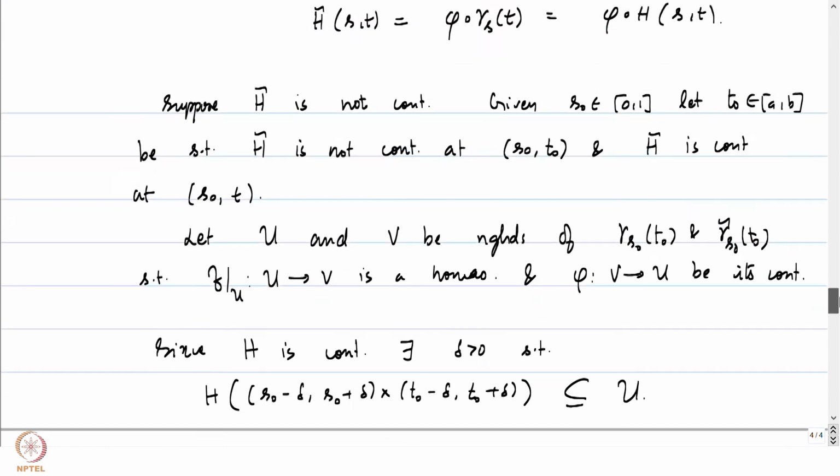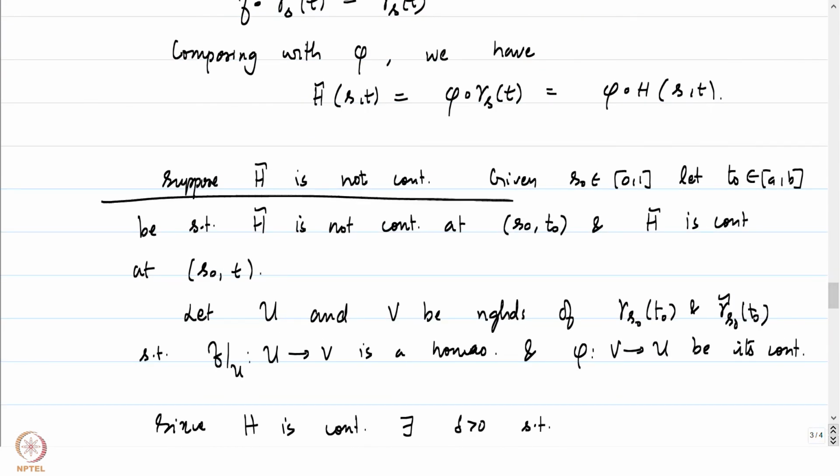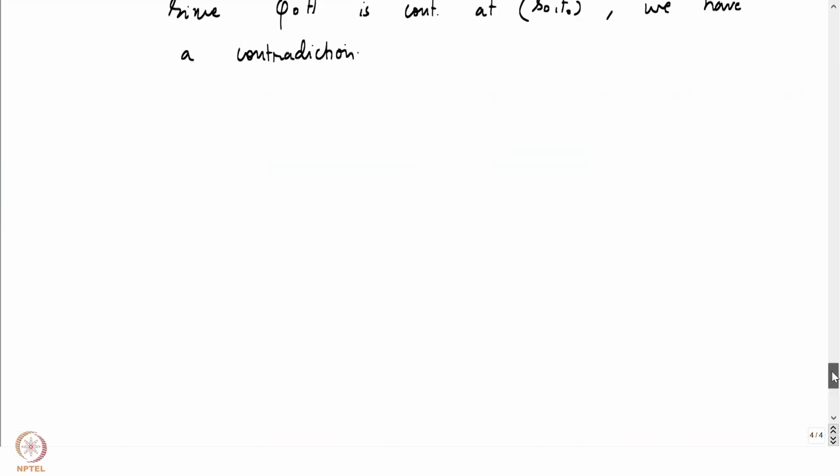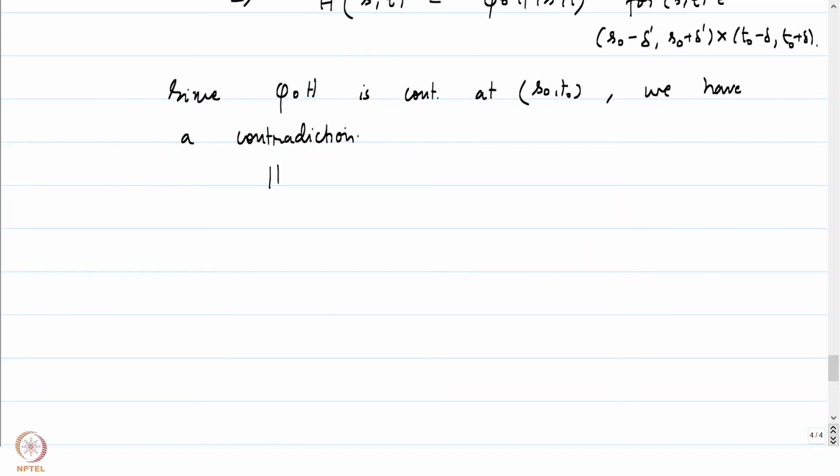That's the starting point of all this, right? Suppose H tilde is not continuous. So in particular, H tilde has to be continuous. Contradiction. Hence H tilde is continuous on 0, 1 cross AB.